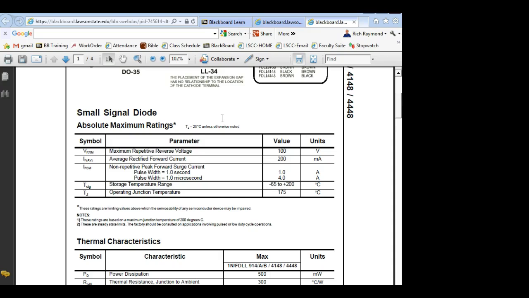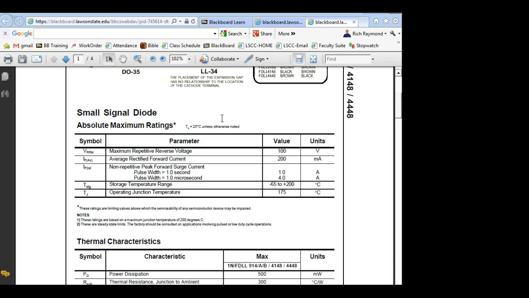Then we get into a table we call the absolute maximum rating table. The absolute maximum rating table is not the operating condition. This is the maximum you'll ever put on the diode. What that means is that if I stay below these things, the device may not operate right, but it won't be damaged. Does that make sense? So it says VRM. Some people call this PIV for peak inverse voltage.